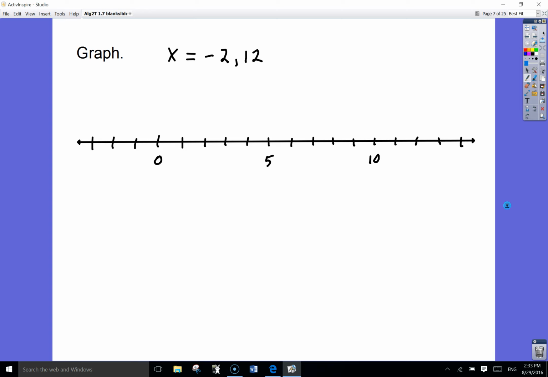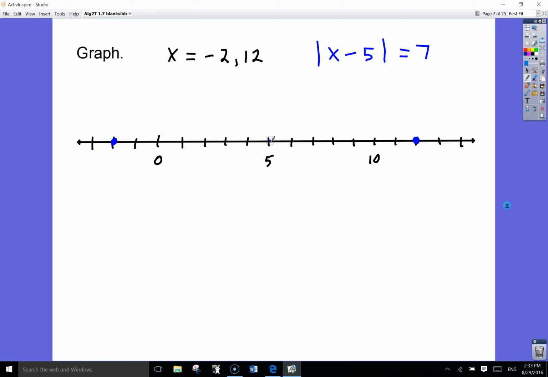Now we can graph these. The reason I'm going to do this, even though I'm not really keen on graphing these, is it does kind of explain what we did here. We have negative 2 and positive 12 as the answers. We started with, actually we isolated, x minus 5 equals 7.